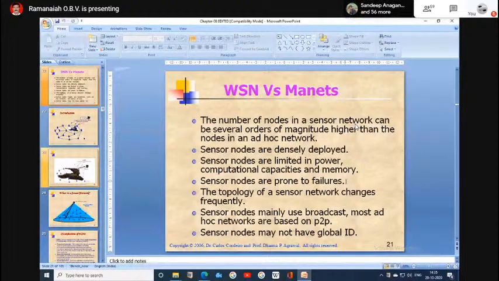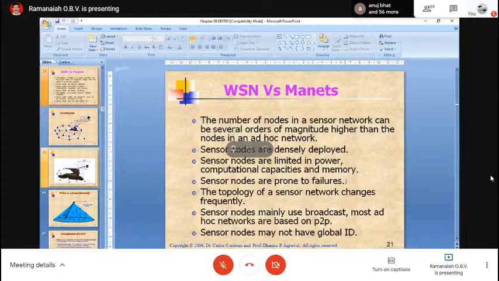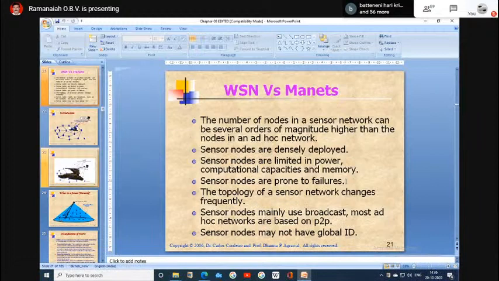Then, sensor nodes may not have a global ID. Sensor nodes don't have a global ID like IP addresses in the case of nets. As already mentioned, sensor nodes may have local attributes, local identifiers, but they are not globally unique. We should make a note.